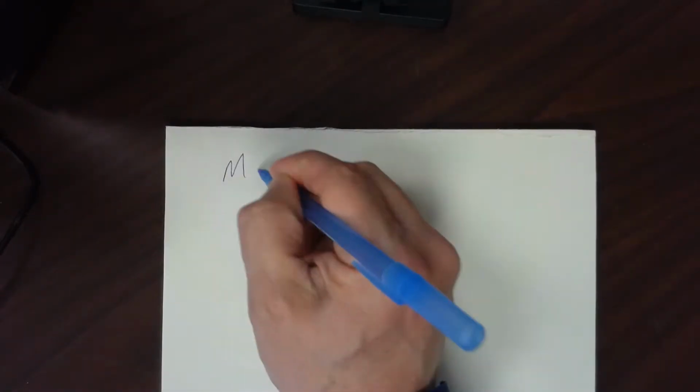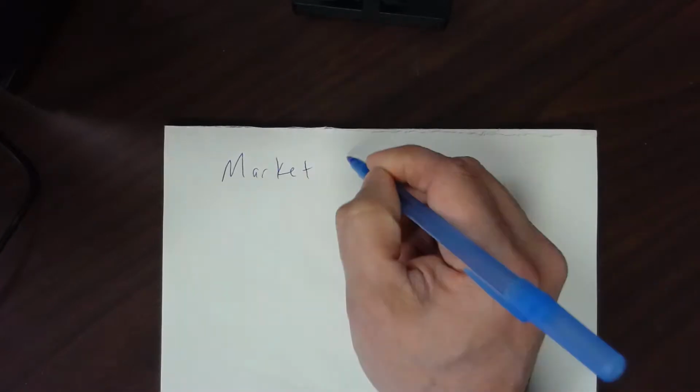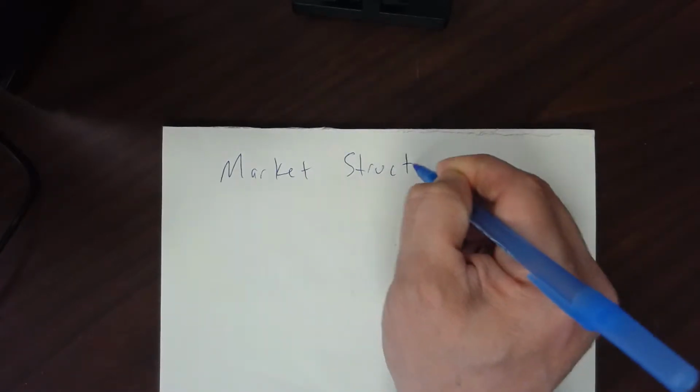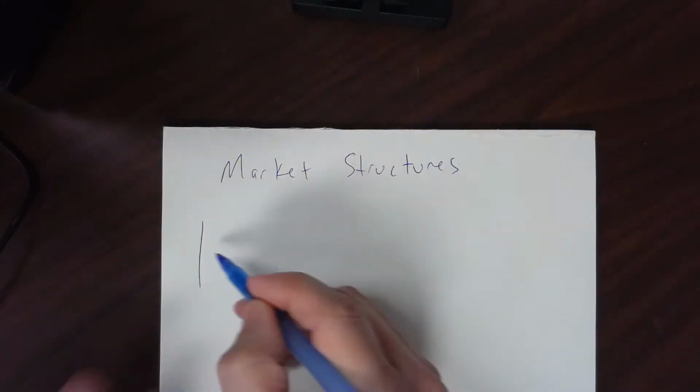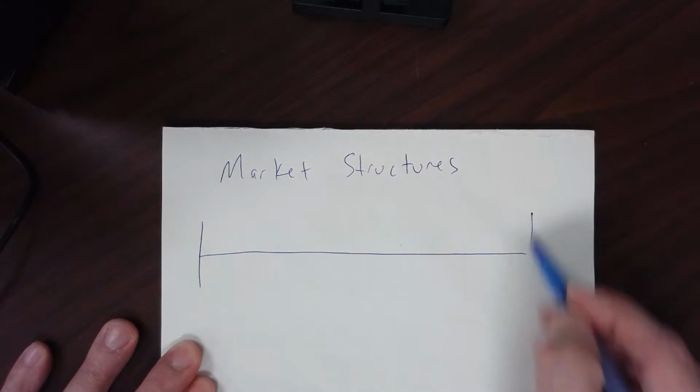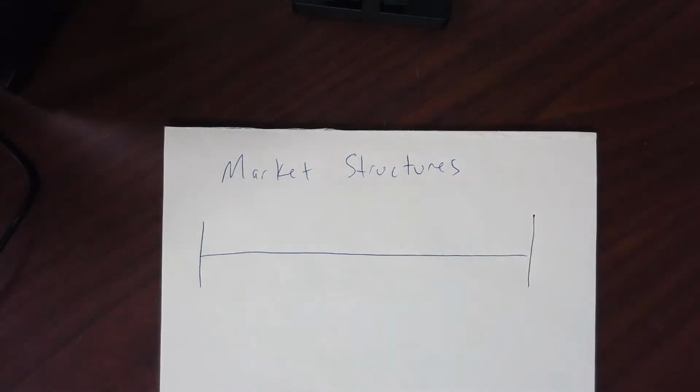Ladies and gentlemen, as we get here today, we are ready to jump into the most important part of microeconomics, and we talk about market structures. Now, when we look at market structures, there is a huge spectrum of structures.